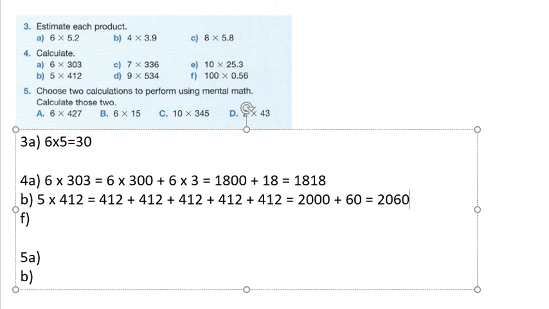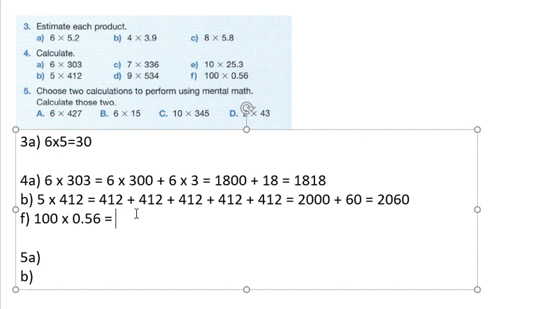2,060, like that. And for our last one, we're going to do 4F. That's 100 times 0.56, like that. And this is like saying take 100 groups of 5/10, 6/100ths.